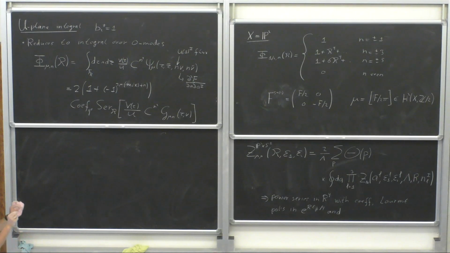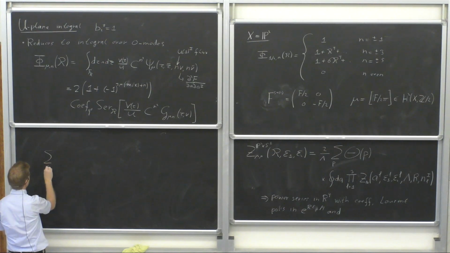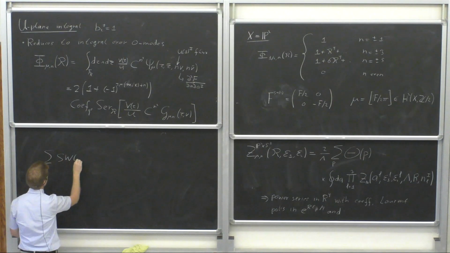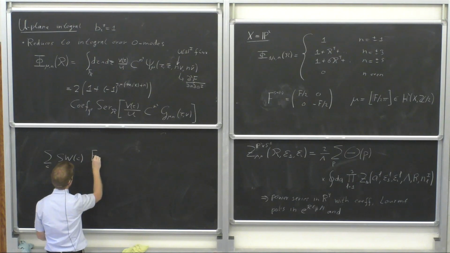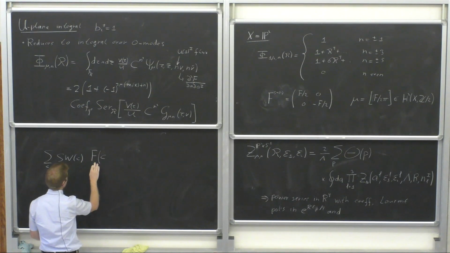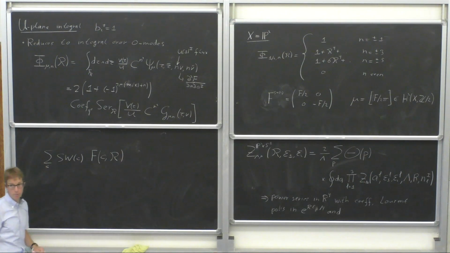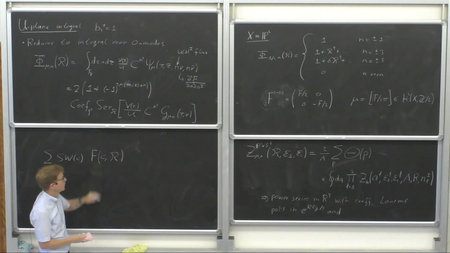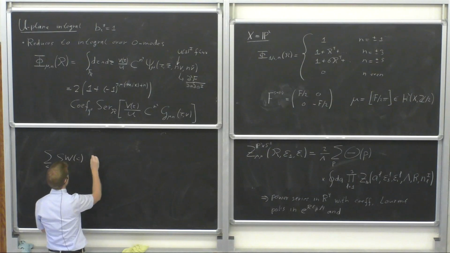The Seiberg-Witten invariants are associated to these singularities in the Coulomb branch moduli space, and the form they take is that you have a sum over these Seiberg-Witten basic classes, then the Seiberg-Witten invariant, and then we get some function which depends mildly on C, and then depends on R and maybe some other properties. Basically, C only appears in the exponent of these functions.